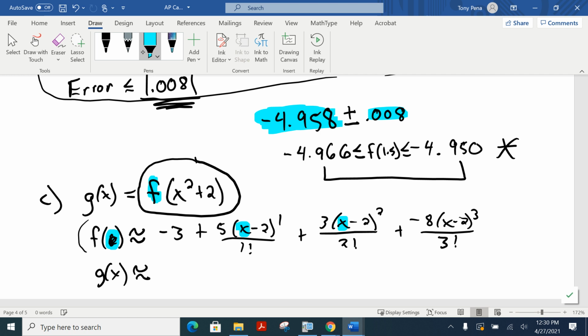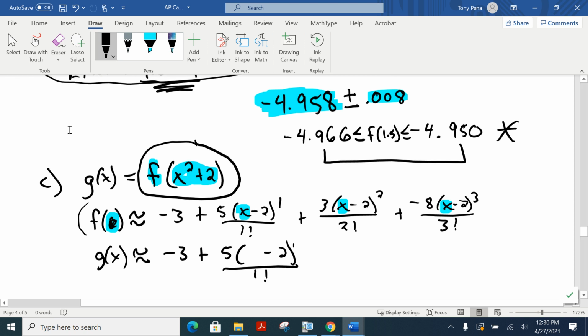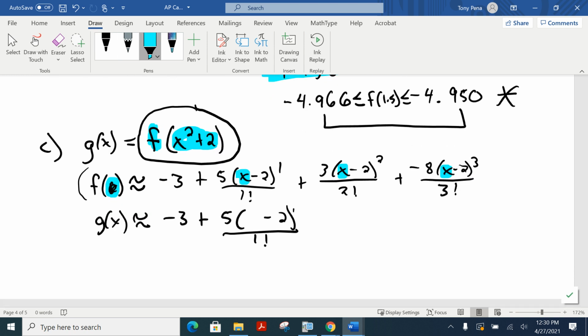Anywhere we have an x, your new composite is going to be x squared plus 2. So the -3 isn't going to change. But for the next one, instead of x minus 2 to the first power over 1 factorial, let me move this up here. In the position where we had an x, our new composite is this x squared plus 2. So we're going to put in an x squared plus 2 right here.